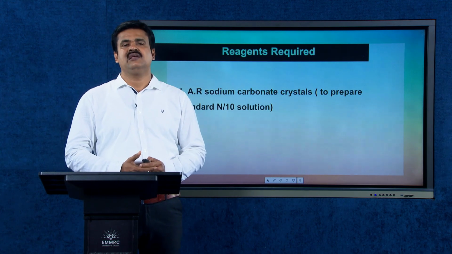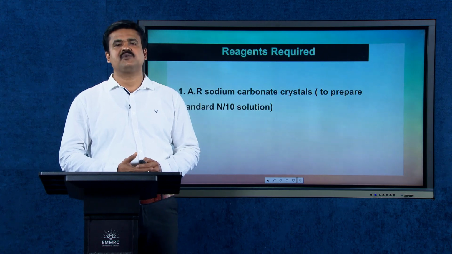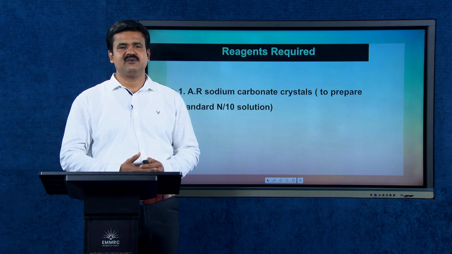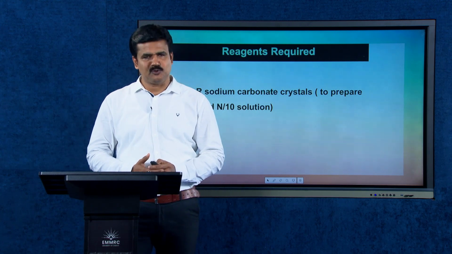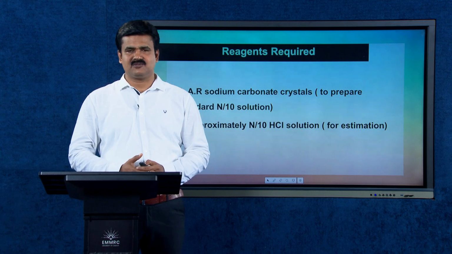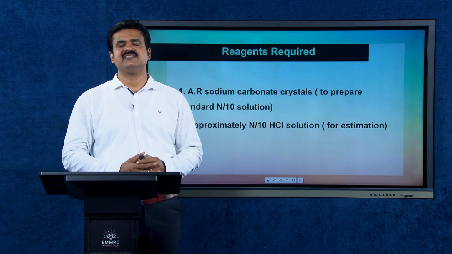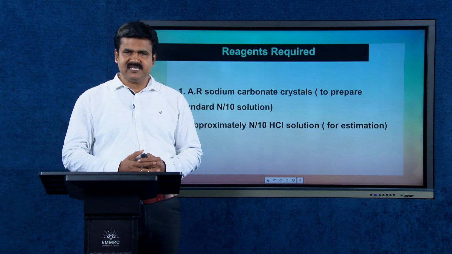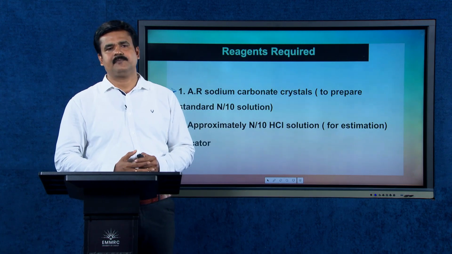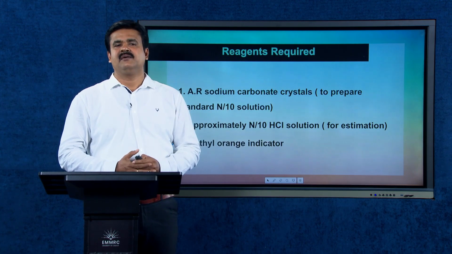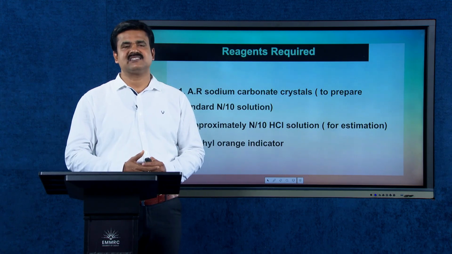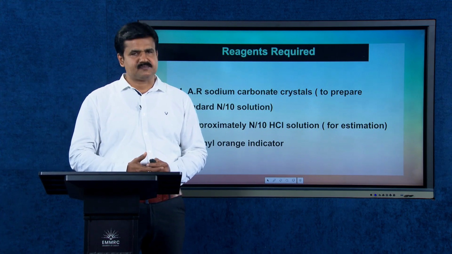You have to weigh a fixed quantity of sodium carbonate and make up the solution to a decided volume to get N/10 solution. Number 2, approximately N/10 hydrochloric acid solution. This is the solution which is used for estimation. That means this is the solution whose concentration has to be estimated. Number 3, methyl orange indicator. We select methyl orange as the indicator for the present experiment.